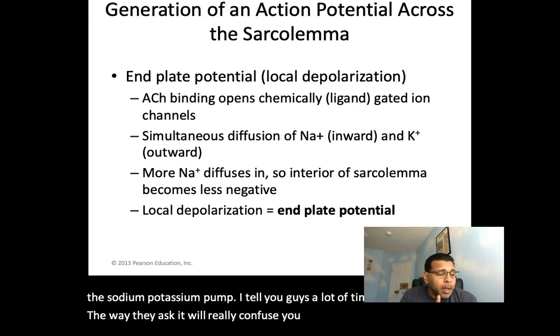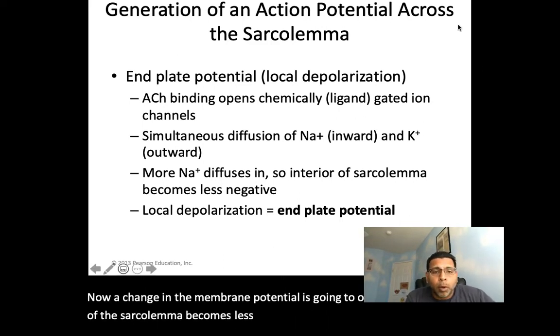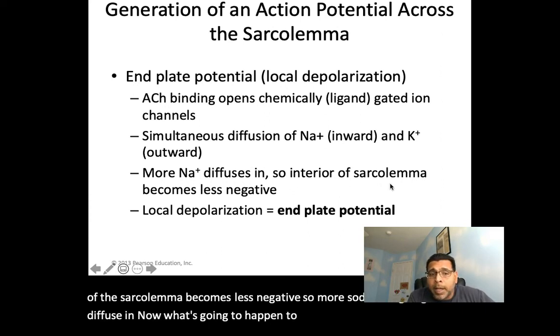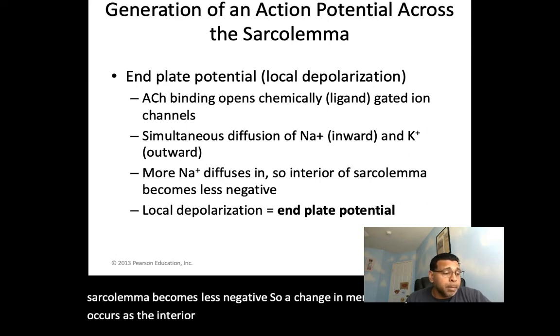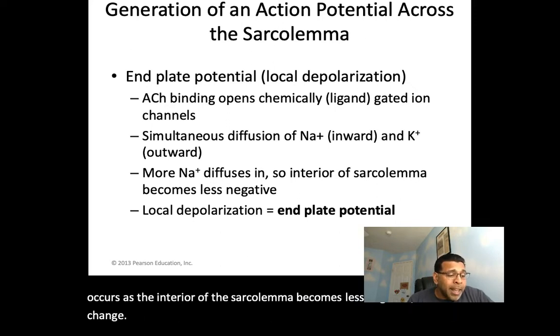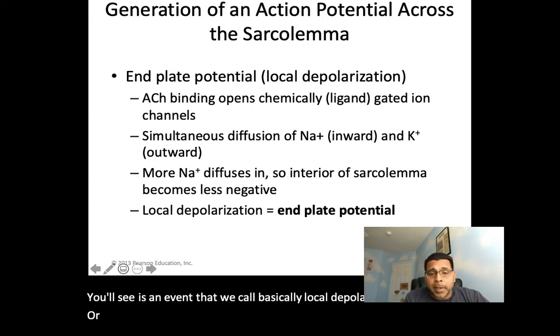Here we're going to see a change in the membrane potential as the interior of the sarcolemma becomes less negative. More sodium is going to diffuse in. That change in membrane potential occurs as the interior of the sarcolemma becomes less negative, and that change is an event that we call a local depolarization, or an end plate potential.